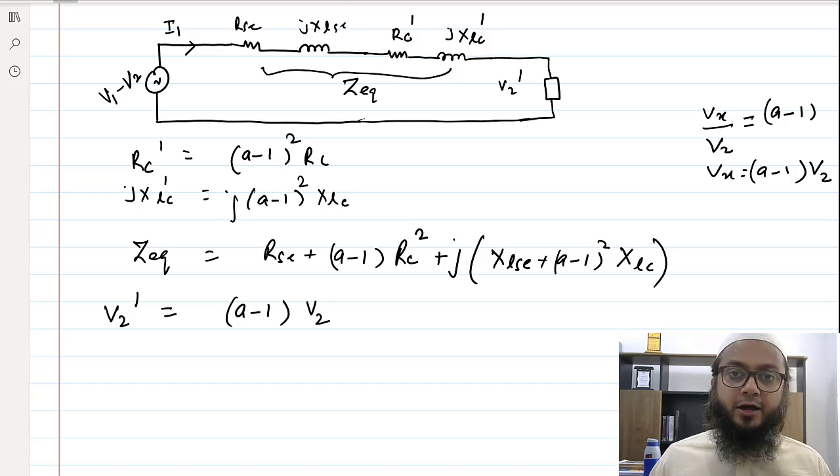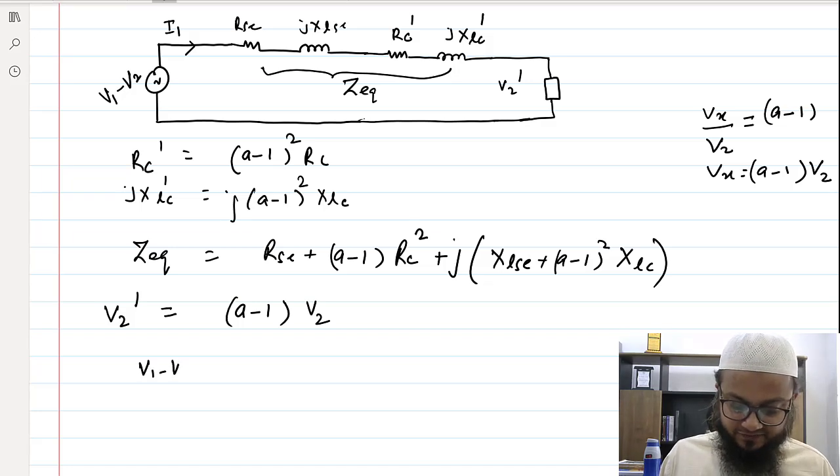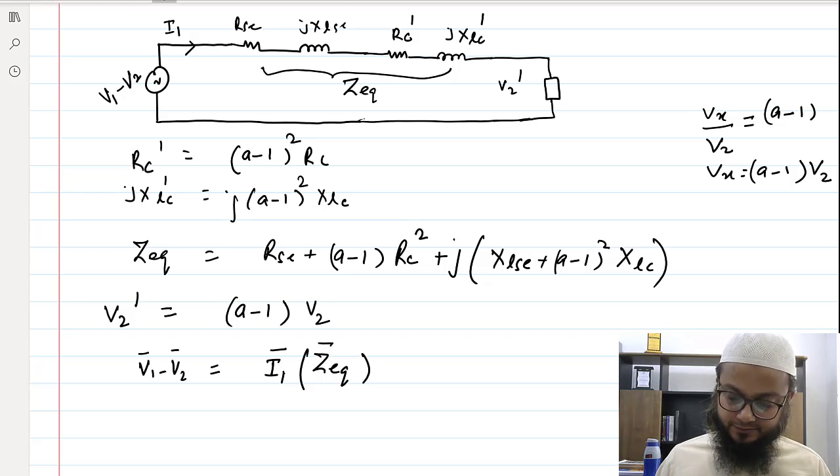Now, can you write the KVL equations here as we have done for the two winding transformers as well? Obviously, if we want to write the KVL equation here, it would be V1 minus V2, obviously these are all phasor quantities, into I1 Z equivalent, and then this minus V2 dash.